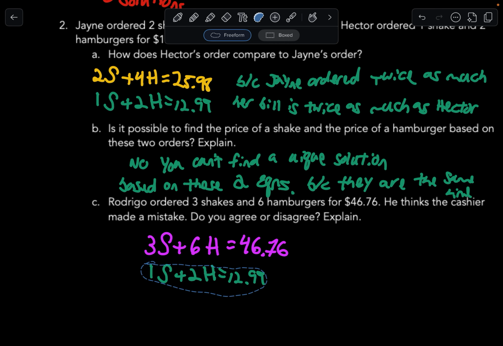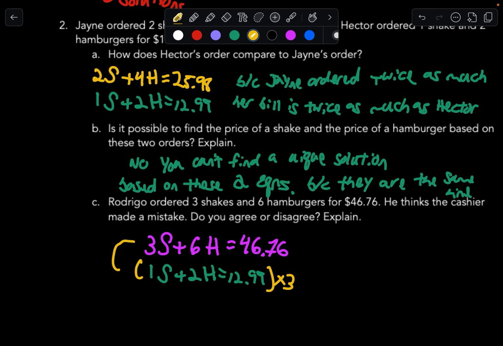If you look at this, isn't this purple equation just 3 times the other? If you multiply this bottom equation by 3, you get the top on the left.